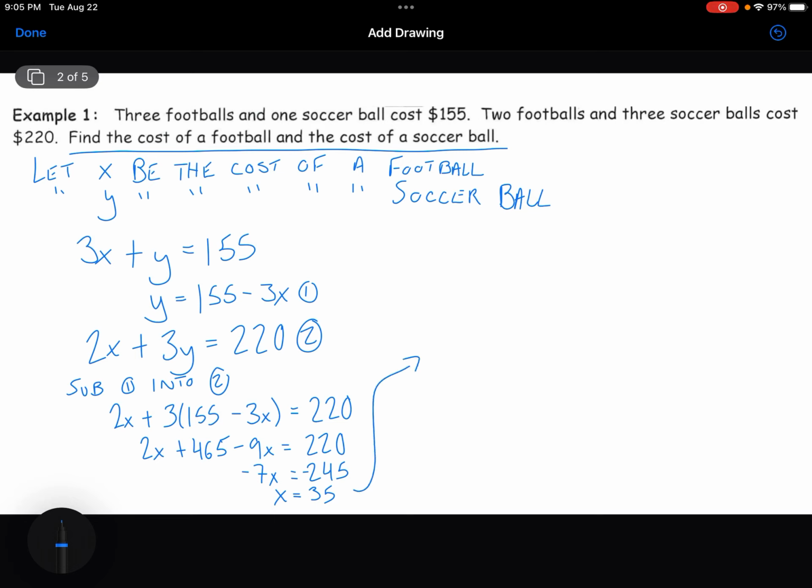Now we can take that and sub that into 1. And that's going to tell us what our y value is. 155 minus 3 times 35. We're going to get 155 minus 115. And we're going to get, what is that, 40.